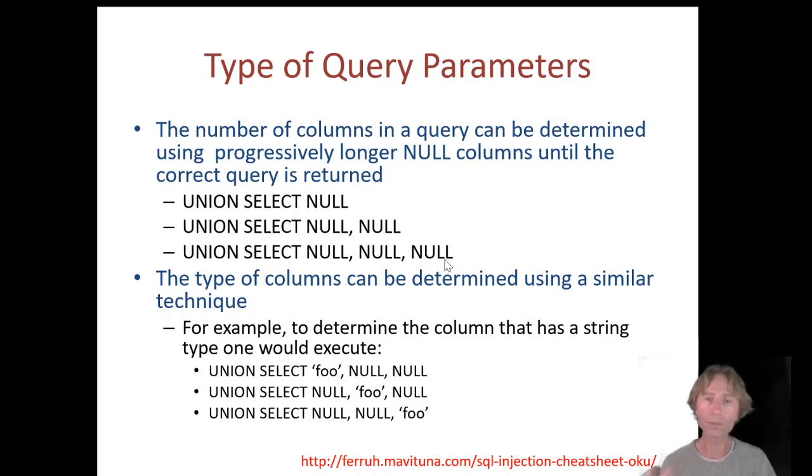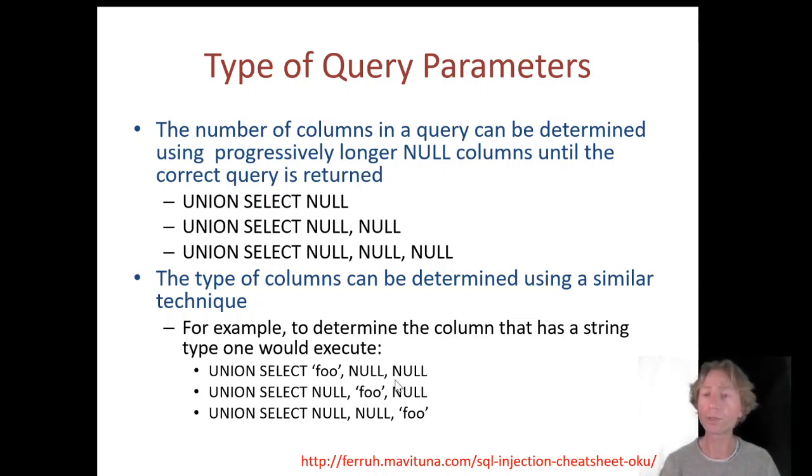But the number of columns is only the first step. Now we want to know the type of the columns. And there we use a similar trick. So now we know the number of columns, but now we're going to find out whether or not the first column is a string, right? Is the type of that column string? Well, what we can do is a union select with just a value for the first column, and then null null for the other columns.